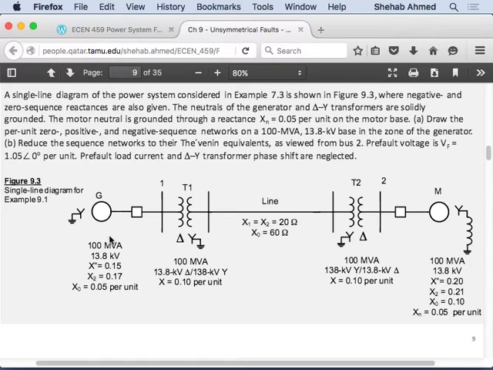If you consider the motor as a synchronous machine, it will have a voltage of 1.05, and the generator will have a voltage of 1.05, in the positive sequence circuit only. Pre-fault load current and delta star transformer phase shifts are neglected. To make your life easy, we neglect transformer phase shifts in a problem like this. And of course, the pre-fault load current is neglected.